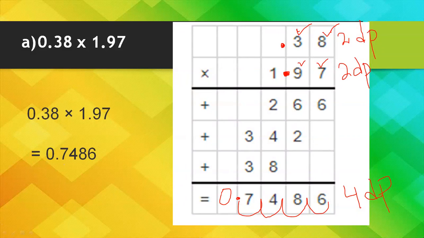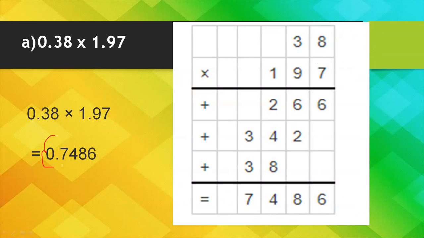So that is what comes when I multiply 0.38 with 1.97. Look here, and remember the rules in your mind. When doing this multiplication, we forget the decimal first. We do the same multiplication rule. After this, we count the decimal places and put the decimal in the final answer.